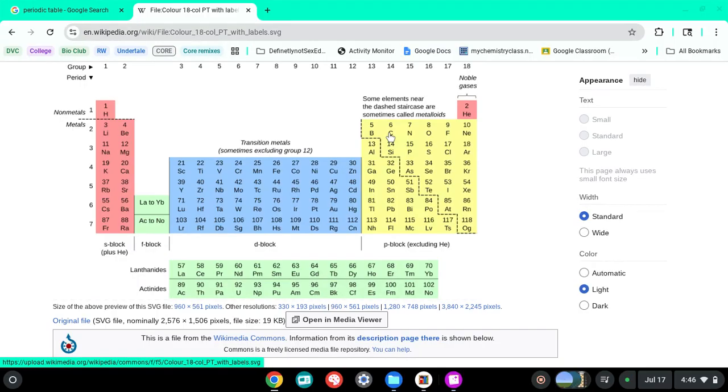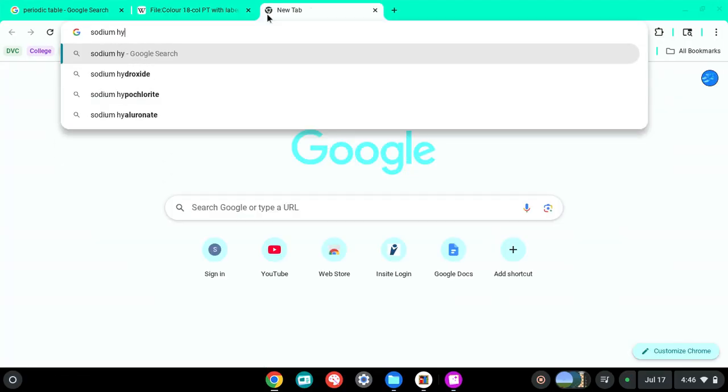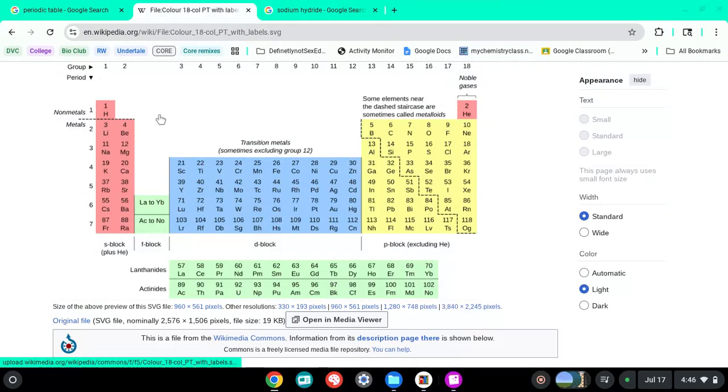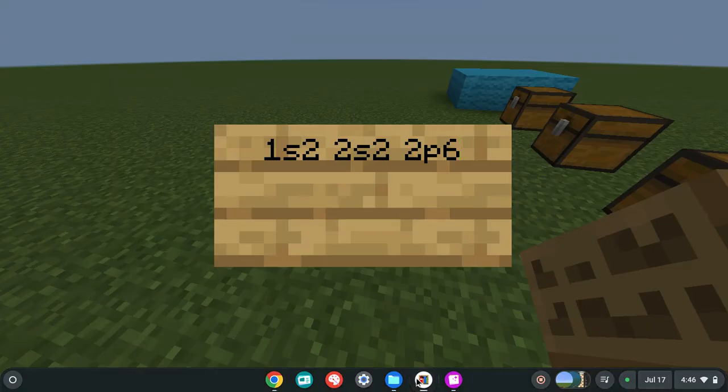Sometimes it stands up for itself and is like, no, we must share. And that's covalent bonding, which I'll explain in the next episode. But occasionally it will actually bully another element, for example with sodium hydride. Let's just search that up. Hydride. Sodium hydride. Yep, H- ion. But that is very rare and generally doesn't happen.